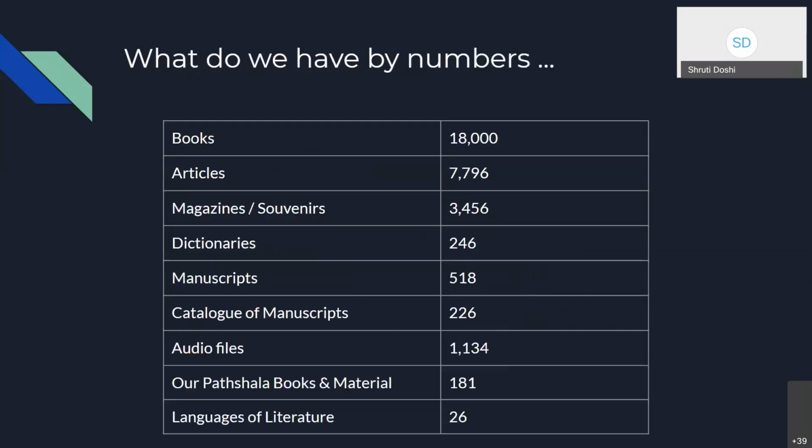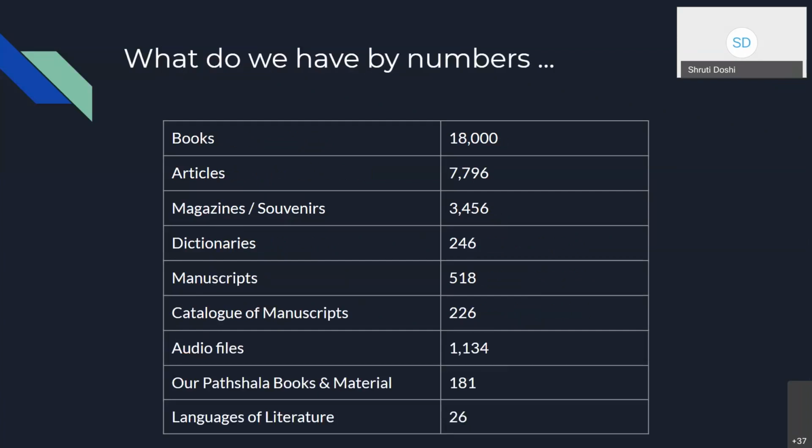What do we have by numbers? Just a quick summary of the metrics. We have about 18,000 books of different varieties and almost 7,800 articles. Magazines and souvenirs are about 3,450.